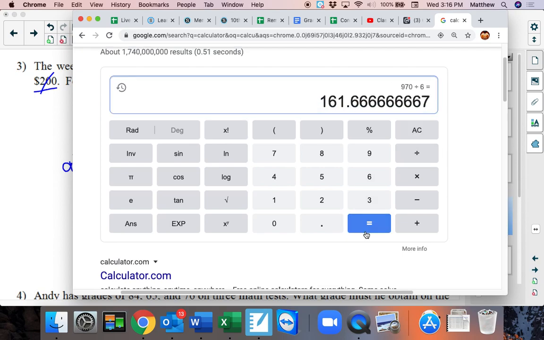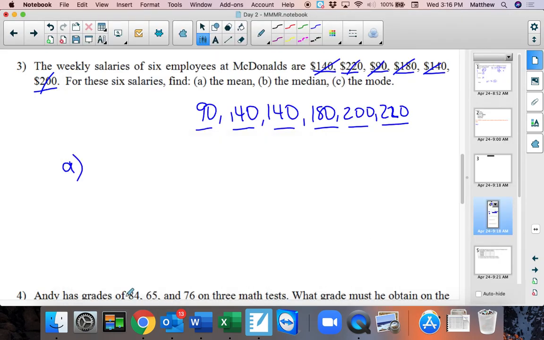So I get about 160, let's round to the nearest dollar, $162. So we get 162 for the average. And that kind of makes sense as I look at these numbers. I've got a 90 down here, a 220, so that makes sense.